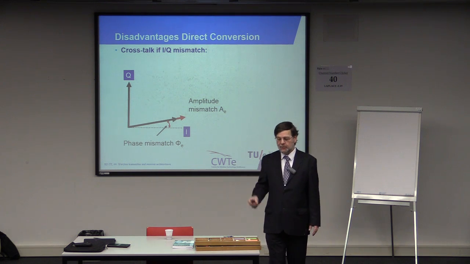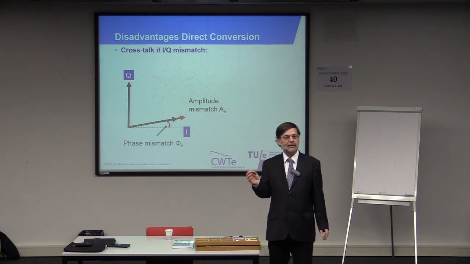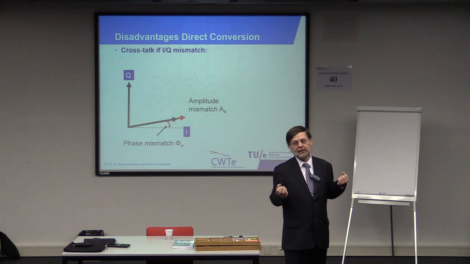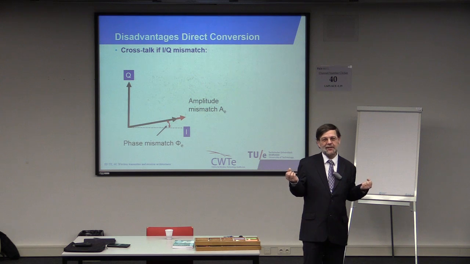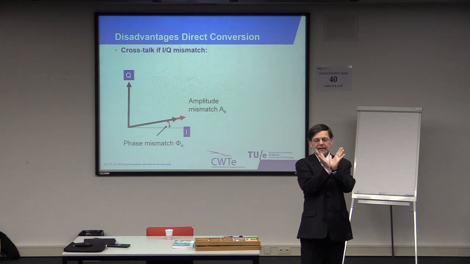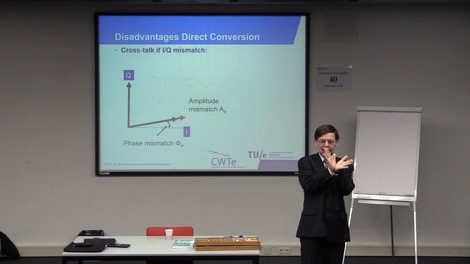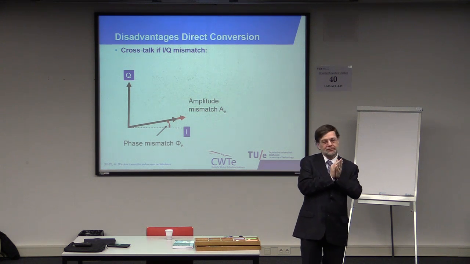I assume in the splitting that I have my LO signal in two versions, one as a sine and one as a cosine. What if these two versions are not exactly a sine and a cosine? What if one is a sine, but the other is a cosine with a slight phase shift?